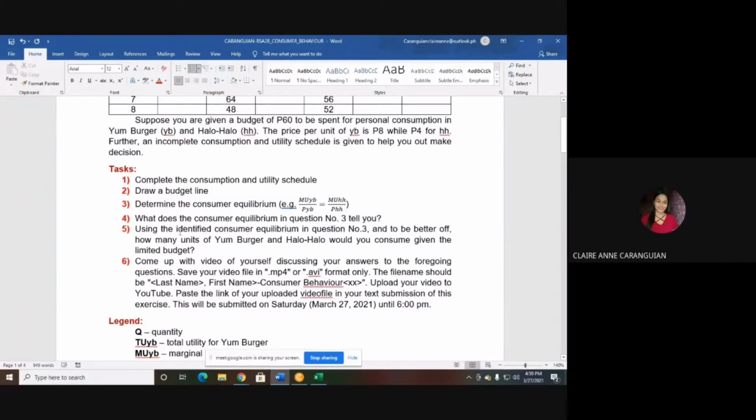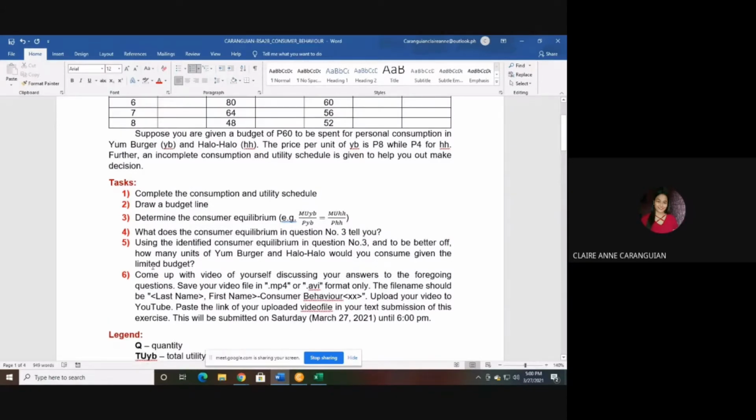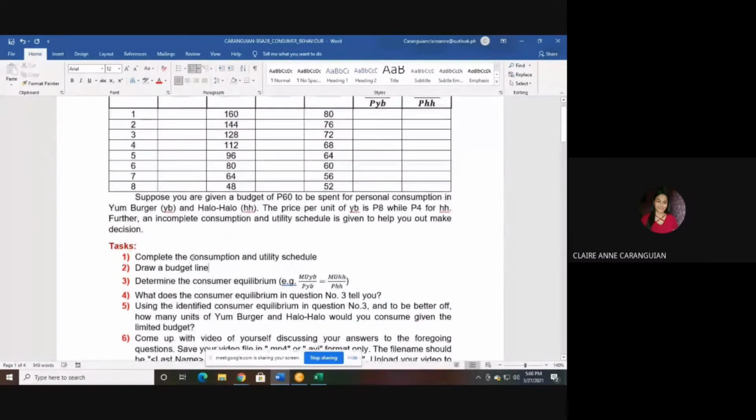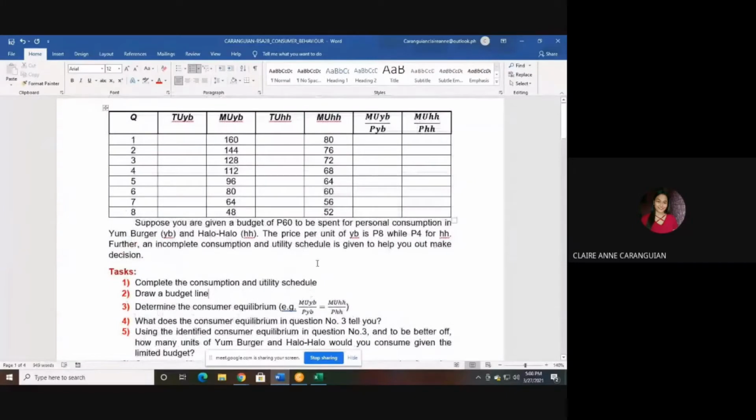Number 5, using the identified consumer equilibrium in question number 3 and to be better off, how many units of Yum Burger and Halo Halo would you consume given the limited budget? So our task is 1 to 5. Let us start by completing the consumption and utility schedule.